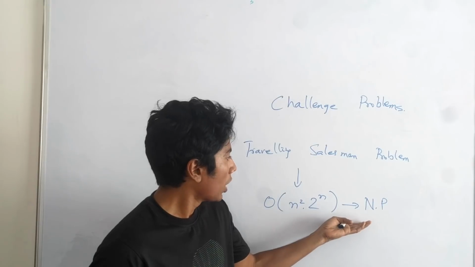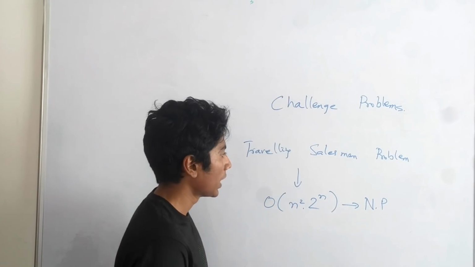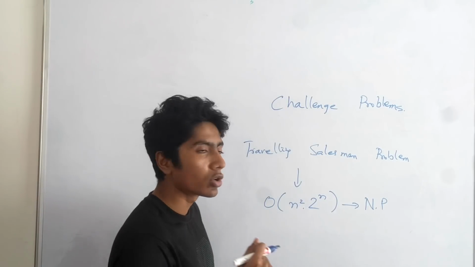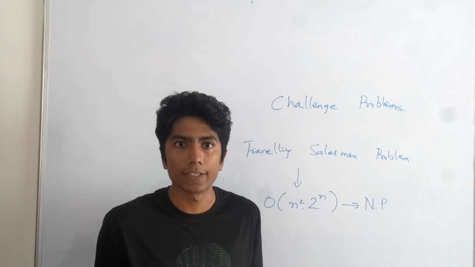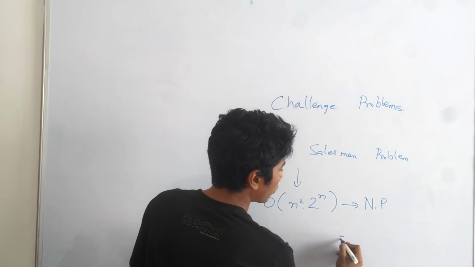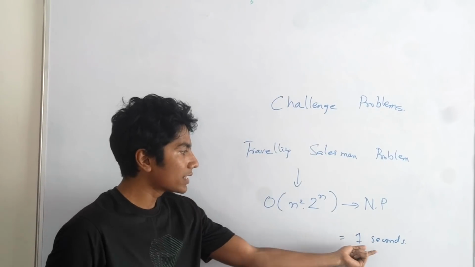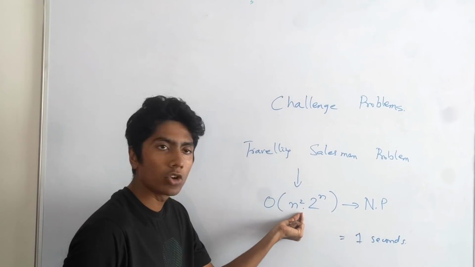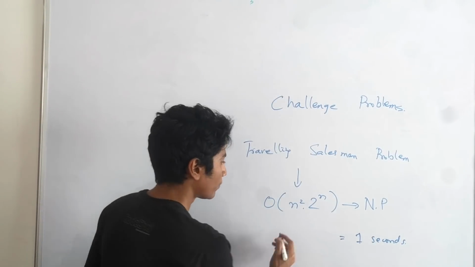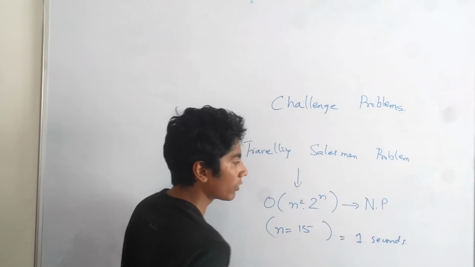Now contests will ask you to run your code within 1 second or 2 seconds. Assuming they're asking you to run the code within 1 second, for you to meet this time limit, n has to be around 15.